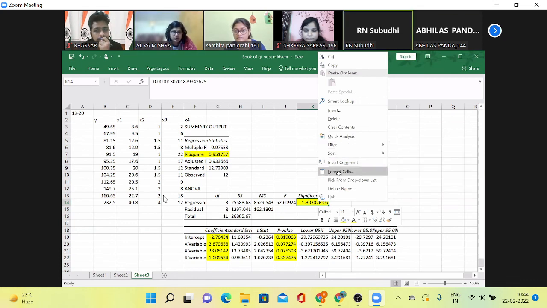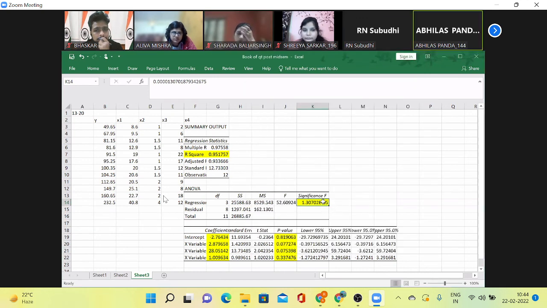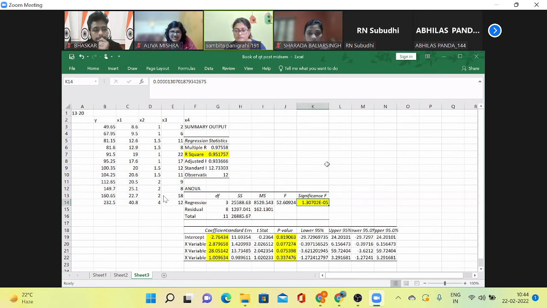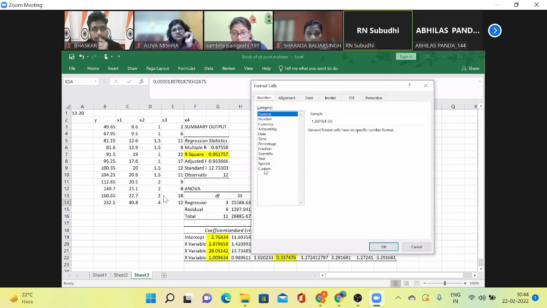Expand the upper column. Sir, can we do something in cell format? Okay, but you can understand, I guess, so don't worry.